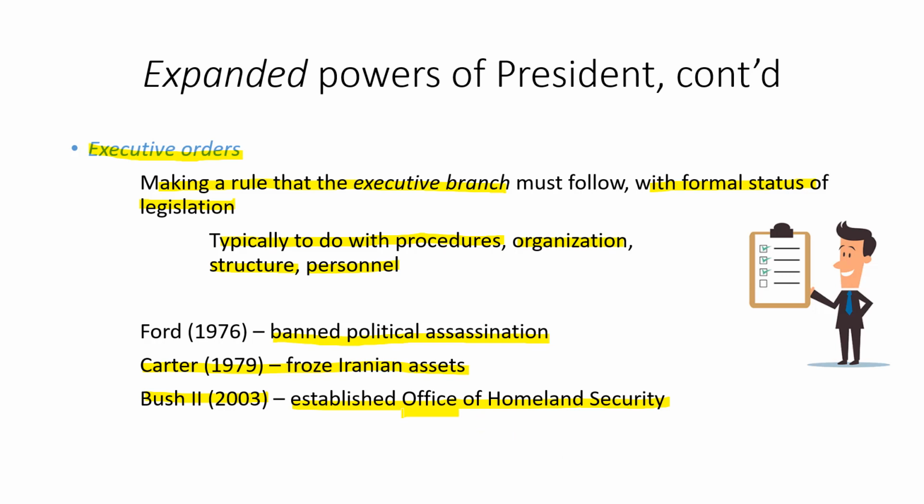Once they determined that this office would really not have the clout it needs in order to take care of Homeland Security, Congress passed a law that established the Department of Homeland Security, which is one of our 15 cabinet departments. However, it was first established through an executive order.